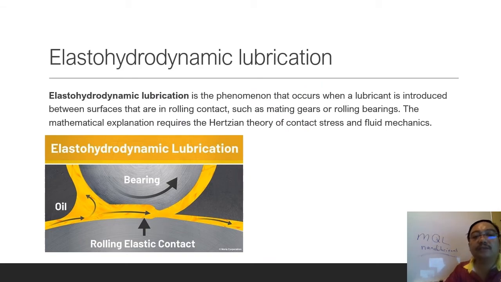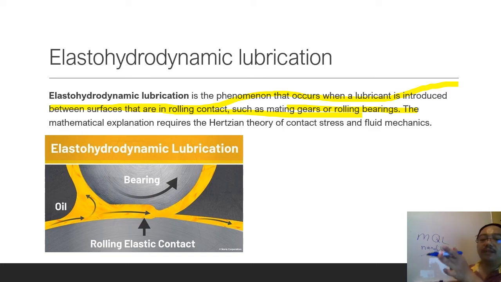Okay, electrohydrodynamic lubrication is a phenomenon that occurs when lubricant is introduced between surfaces that are in rolling contact, such as mating gear or rolling bearing. If you remember, in the last topic about rolling contact bearing, the topic about lubrication, it mentioned electrohydrodynamic lubrication.